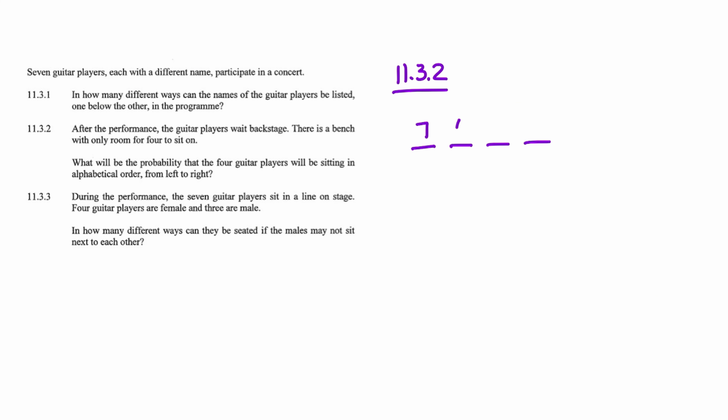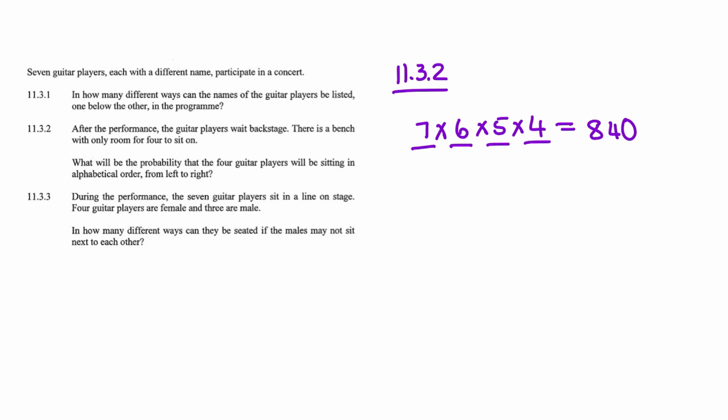Thereafter 6, and then 5, and then 4. So the total number of ways in which people can be seated on these 4 seats would be 840. That's the total number of arrangements possible between the 4 seats.